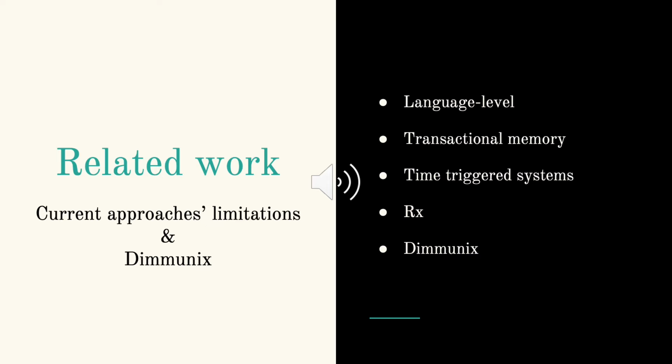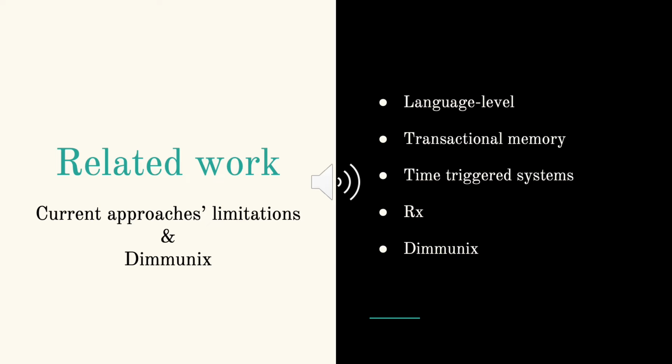Time-triggered systems and statically scheduled real-time systems can guarantee safety and liveness. However, they need to know some parameters, like mutual exclusion constraints and required processing time, ahead of running. It is a huge limitation. The authors also talked about some dynamic approaches like model checkers and Rx.